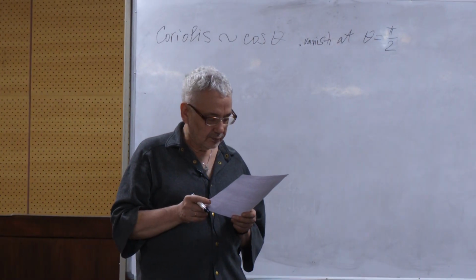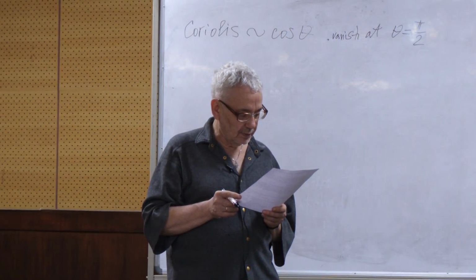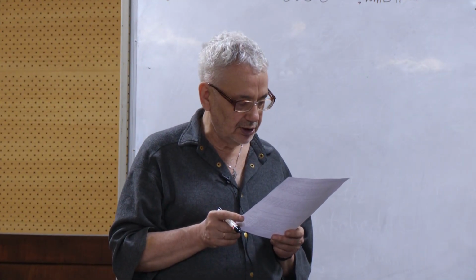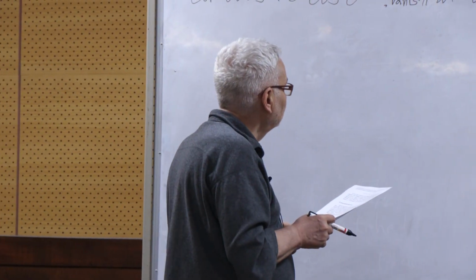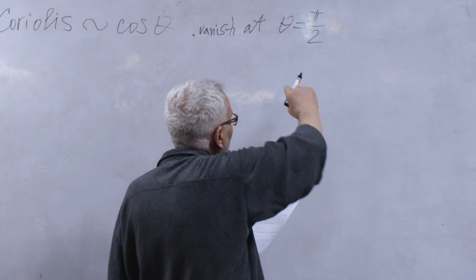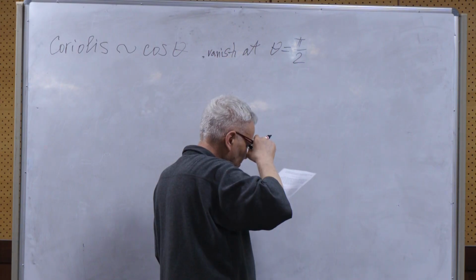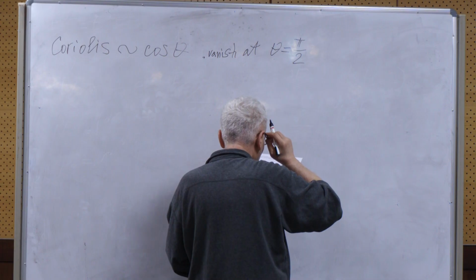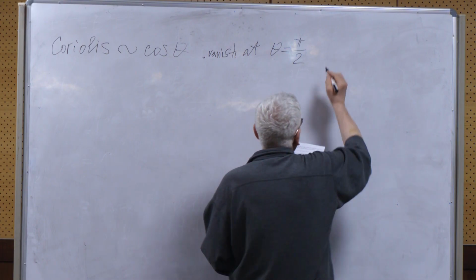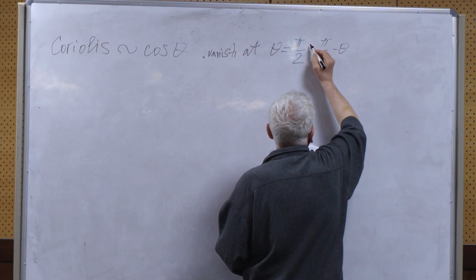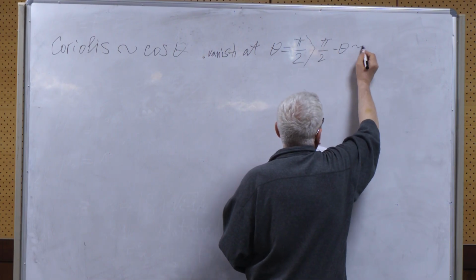To determine the critical criteria for the transition from the Ekman layer to the equatorial shear layer at latitude, here we have polar longitude, but if we consider latitude itself, it's related to this theta like pi half minus theta, and in this case it's actually about 0.